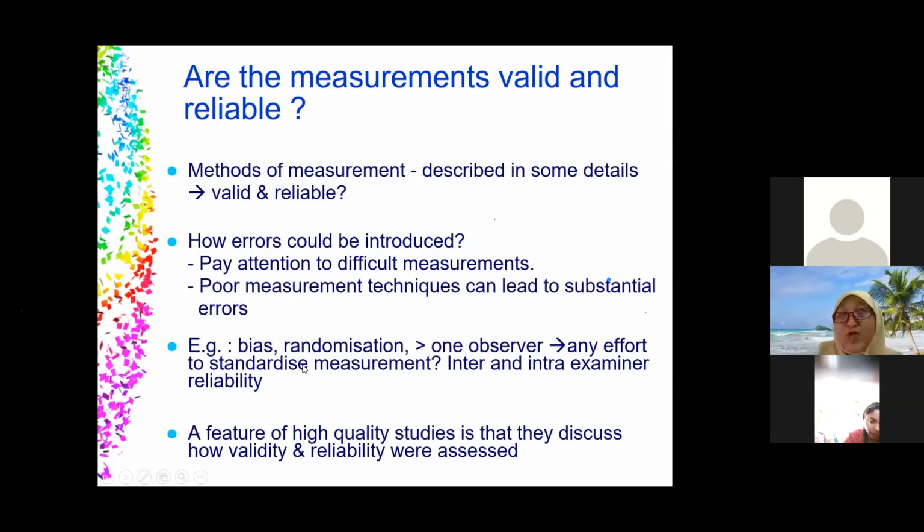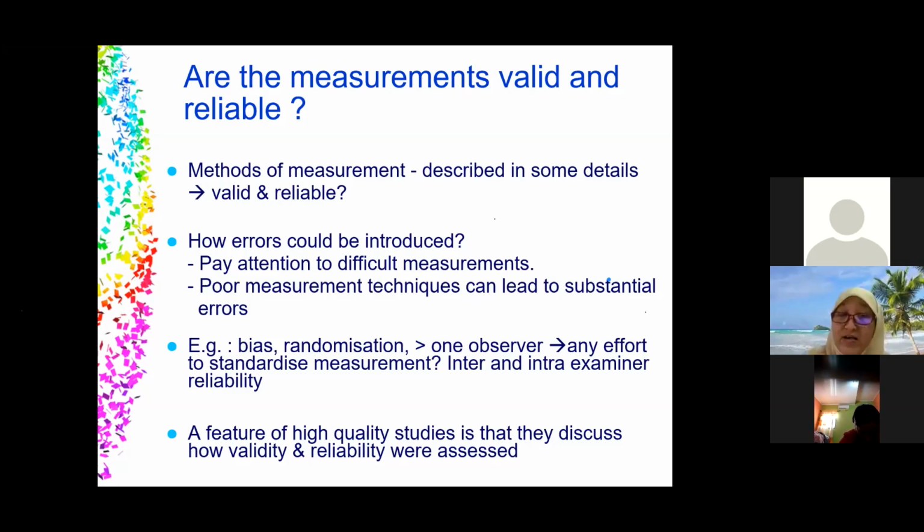If they use a questionnaire, whether it has been subjected to content validity, whether experts have looked into the questions, whether it has been tested, whether there is a pilot study, what the Cronbach's alpha reading is, what the factor analysis reading is. If they use an instrument, let's say a weighing scale, has that weighing scale been calibrated? Maybe it has been used for 10 years, never calibrated. Then how can you know that the result is valid?